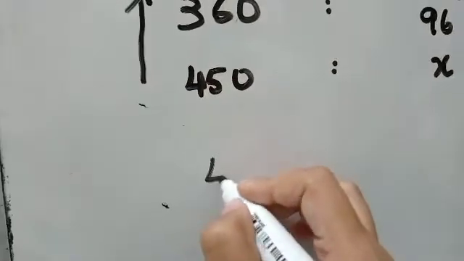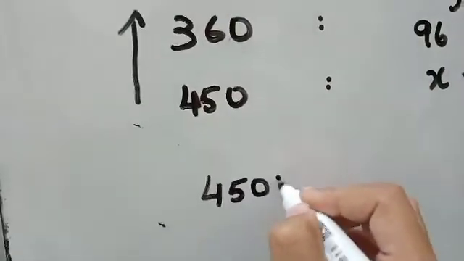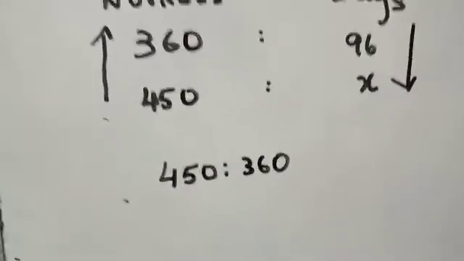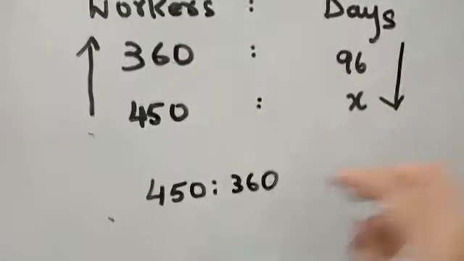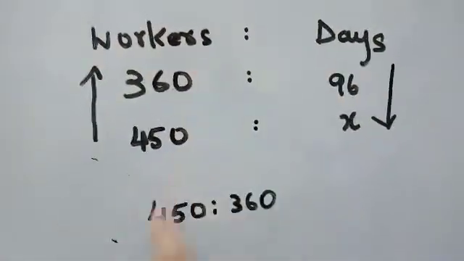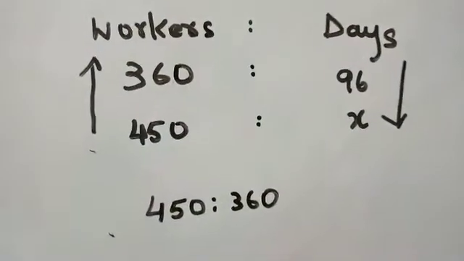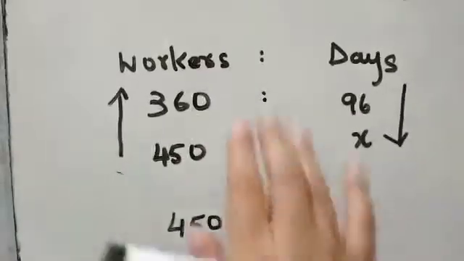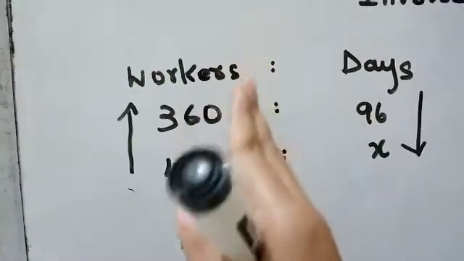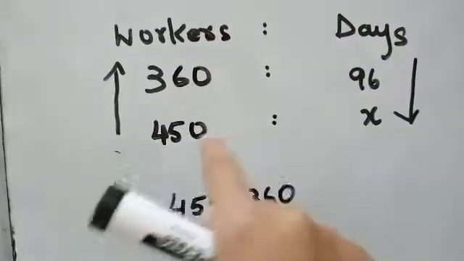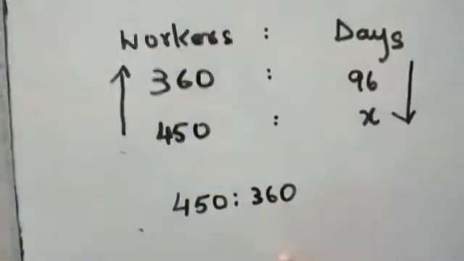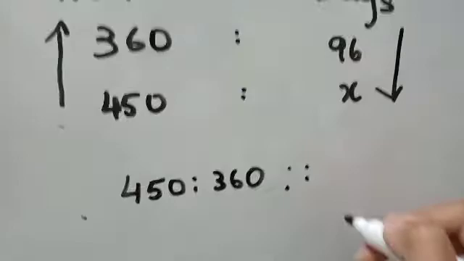For instance, I will write 450 is to 360. When we were doing direct proportion, we wrote the first value first and the second value second. But here in inverse proportion, for the first ratio you will write the second term first and the first term second. Then you will make the proportion with four dots.